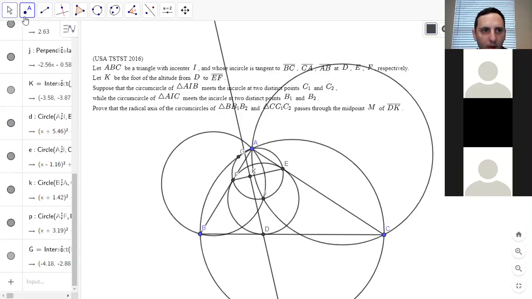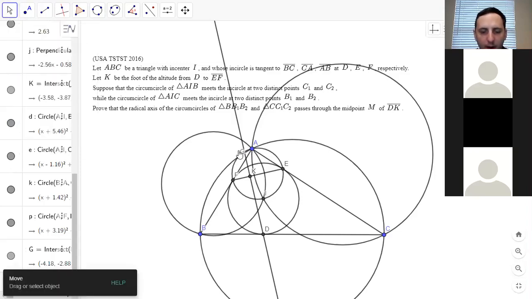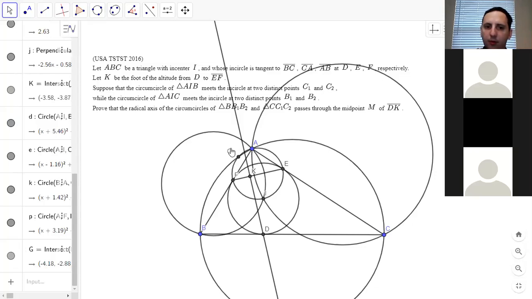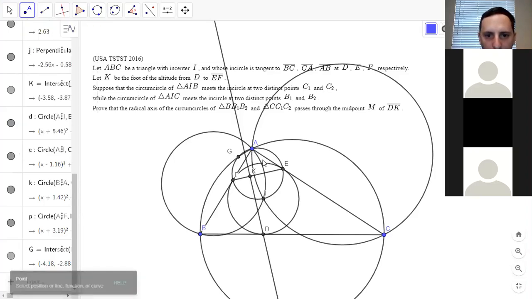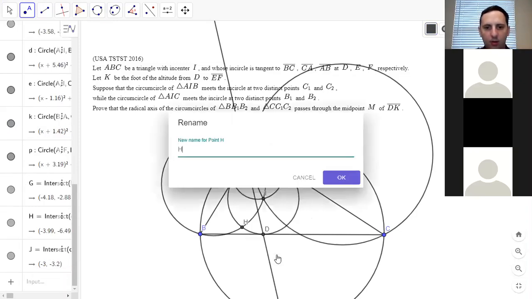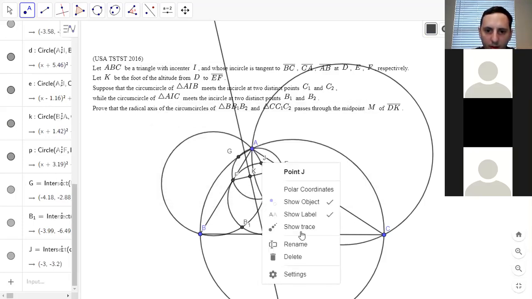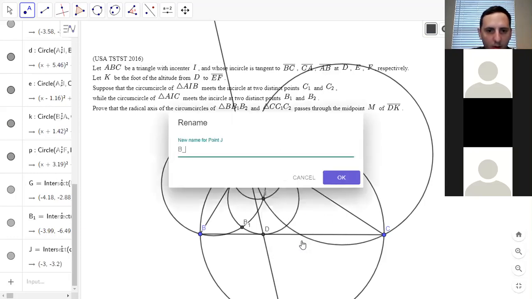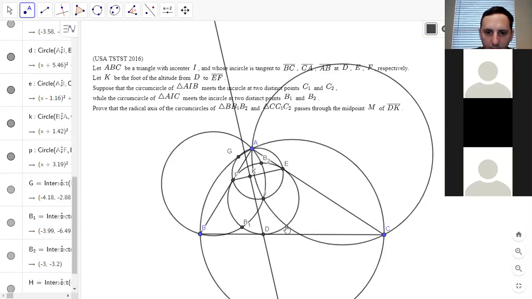So G, K, and I lie on a line and they pass through the antipode of A. So let's draw those other points. So these should be B1 and B2. And then these points are C1 and C2.